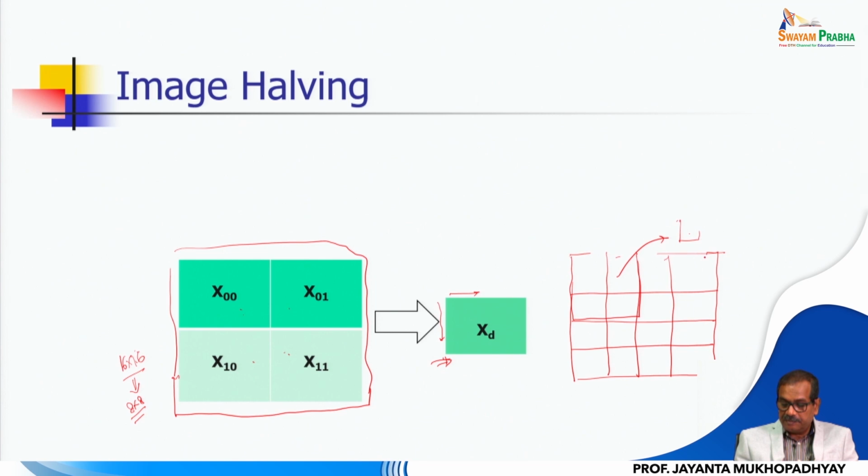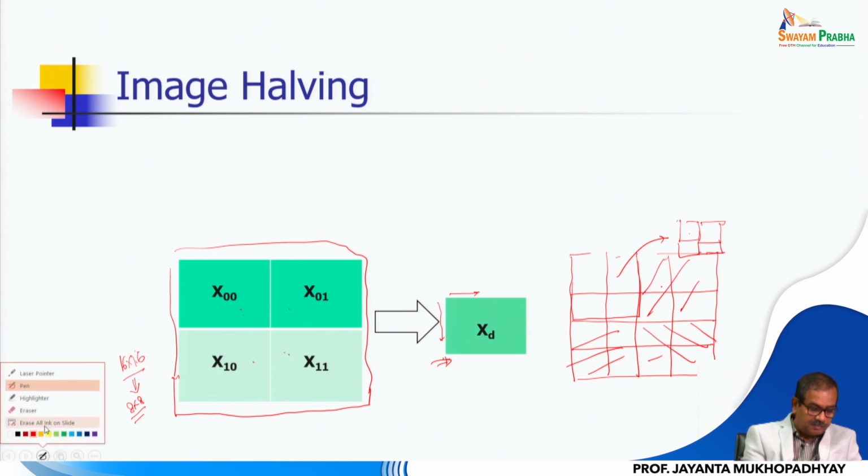So from this you get a block. Again, from this 4 block you get another block, from this 4 block you get another block, and this 4 block you get another block. So in this way you are having the whole image, and still you are retaining its compressed domain representation, because all are 8 cross 8 block DCT coefficients.